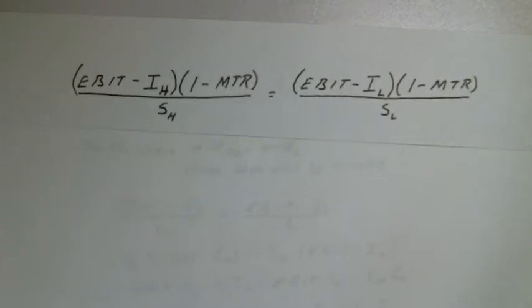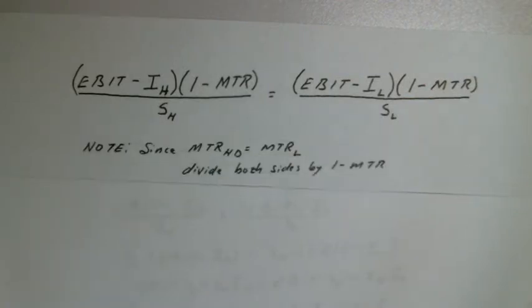Now, one of the things I want you to realize is that in this problem, we are going to assume that the marginal tax rate for this problem and future problems like it is the same. Since the marginal tax rates are the same, I can divide both sides by 1 minus the marginal tax rate.